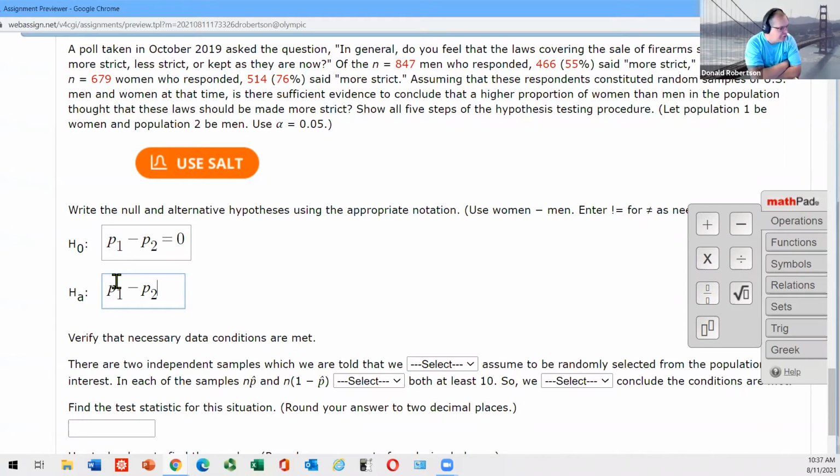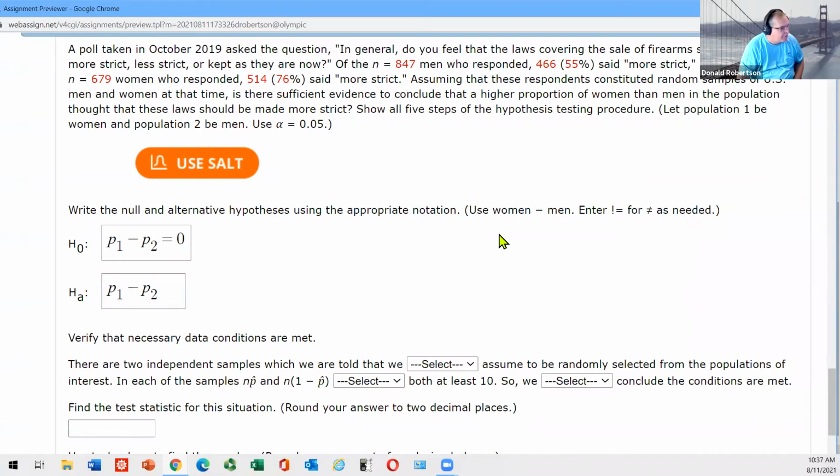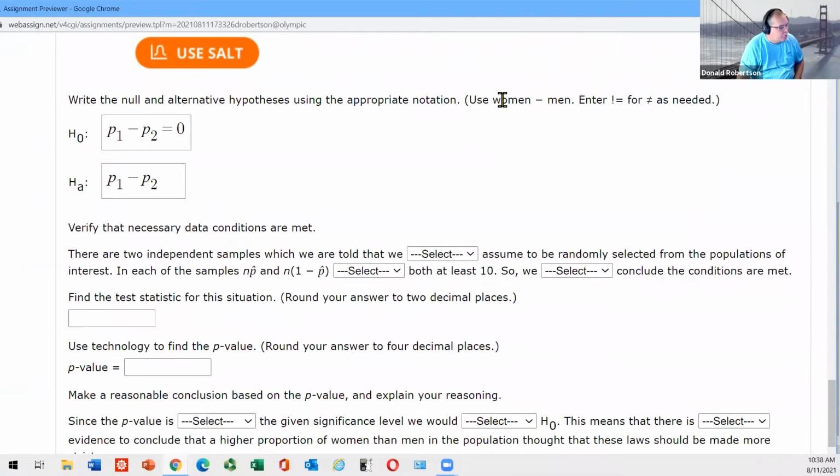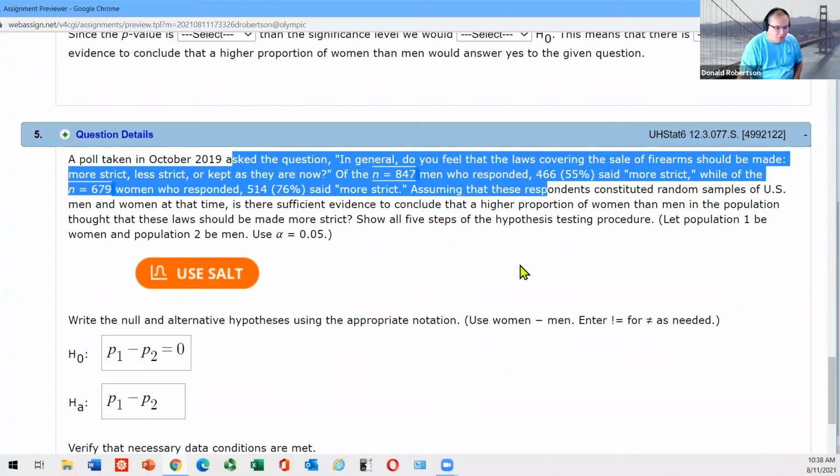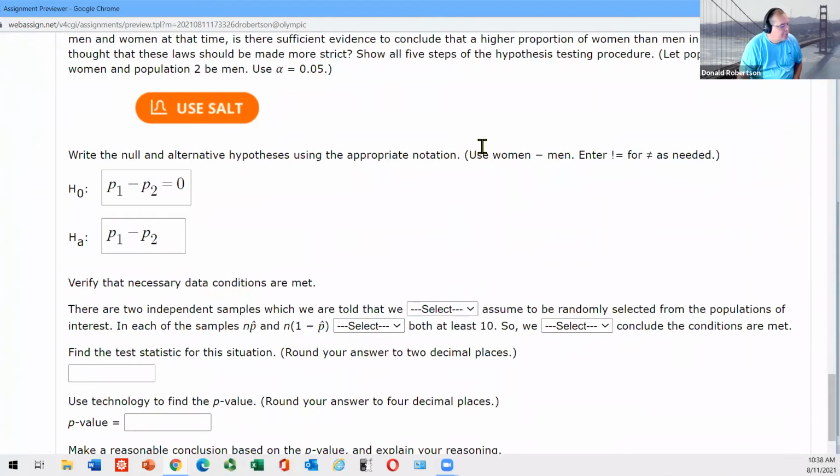And I have just seen something that caught me out. The little darlings. Do you notice that they're doing women take away men? Even although the information was given as men then women, they decided to play with my brain and do women as 1 and men as 2. So bear that in mind.